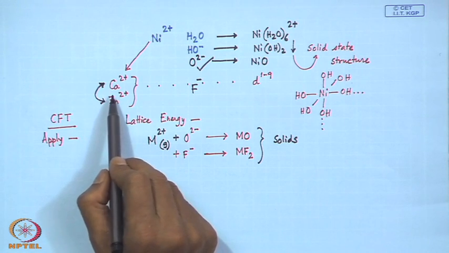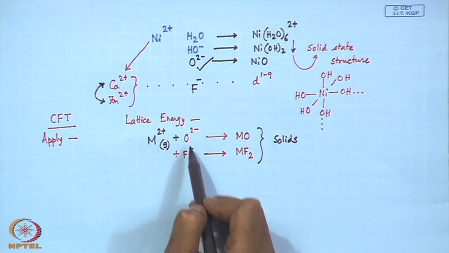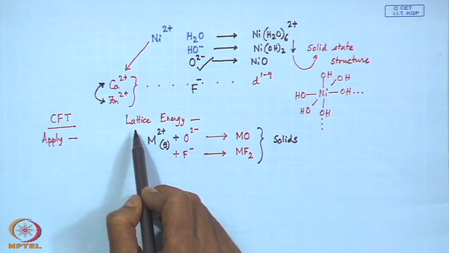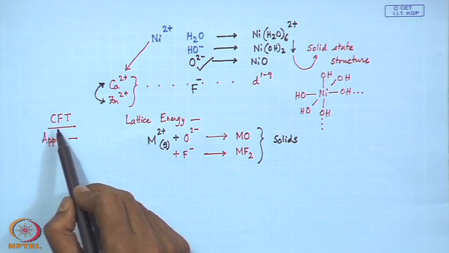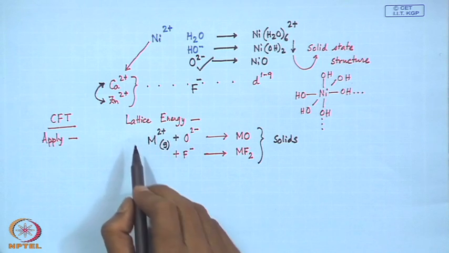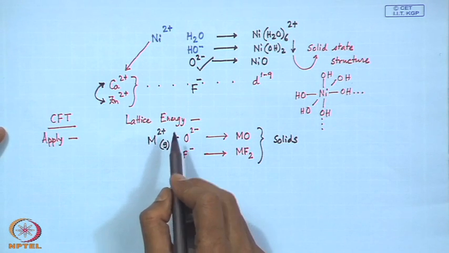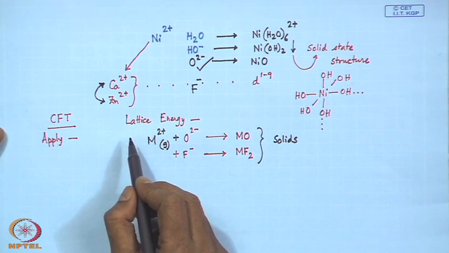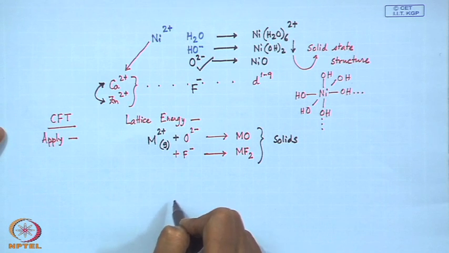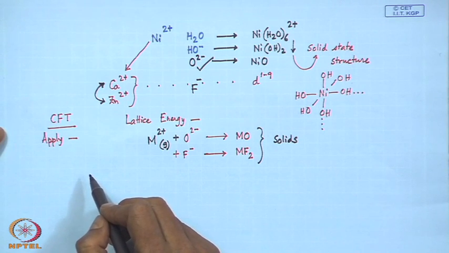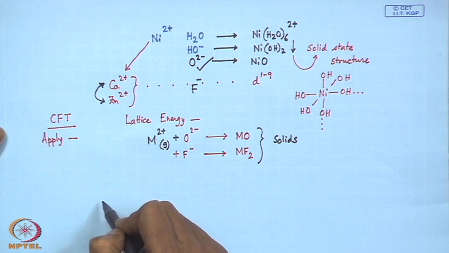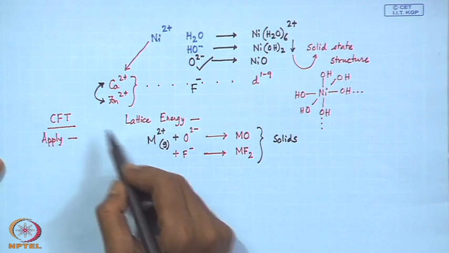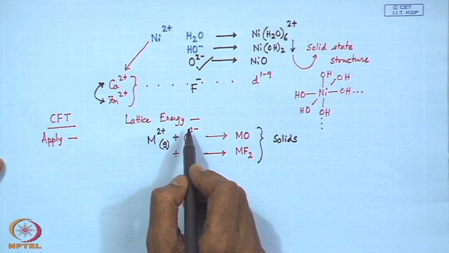We will see that with calcium, in the formation of calcium oxide or calcium fluoride, we do not see any crystal field contribution towards the lattice energy term. In the entire Born-Haber cycle there are certain steps to get back to the complete cyclic process, where the individual steps involve some energy values, and one such step we can consider is the step where the crystal field can contribute some amount of energy to the entire lattice energy term.